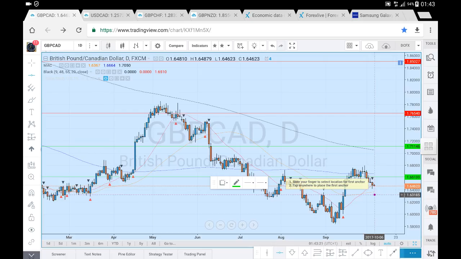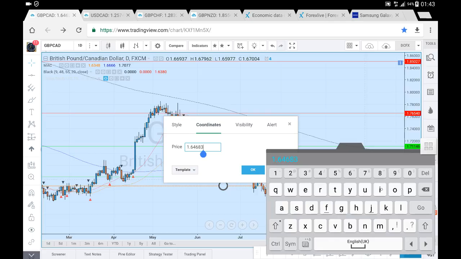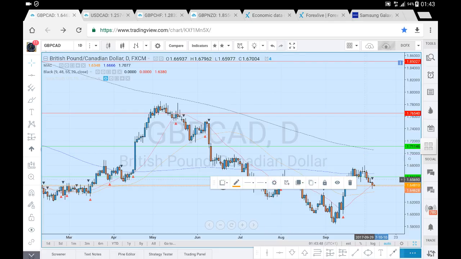This candle opened at 64.81 and this one closed at 64.81. Let's just change that to orange. So we've got 64.81. That's our entry.